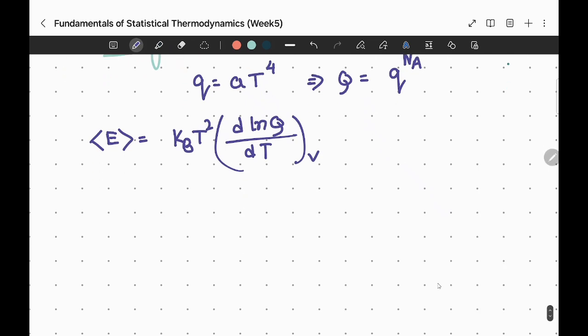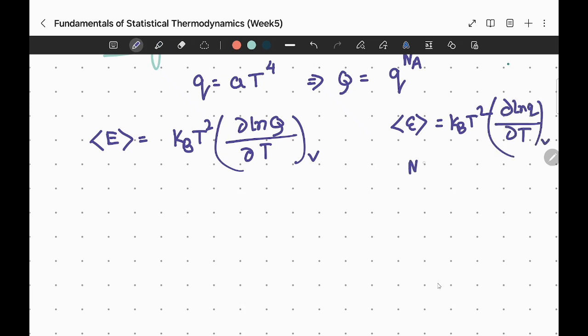This is direct from the canonical ensemble, or you can calculate small e, which I discussed last class: k_B T squared d ln q by dT. This should be written with a partial derivative, del, at constant V. Then you multiply it by N_A and you can calculate E. Both are correct and will give the same result.